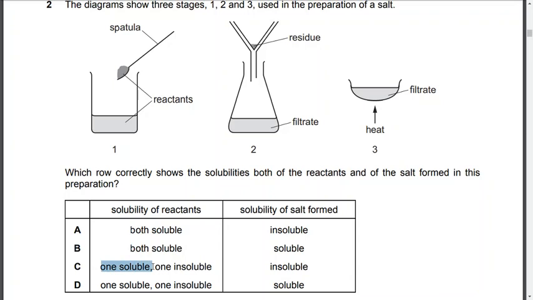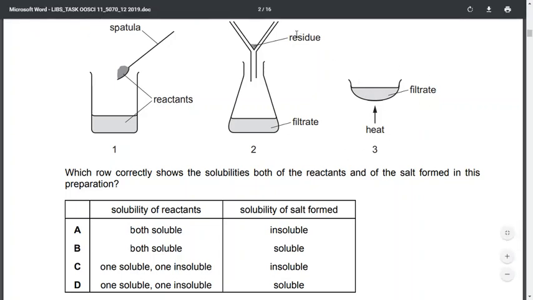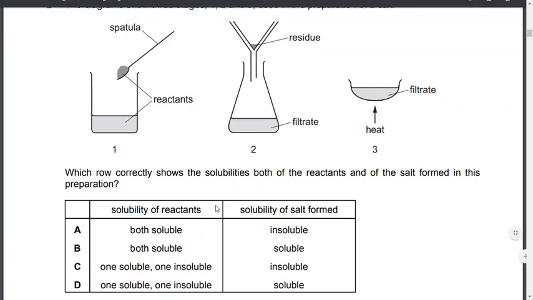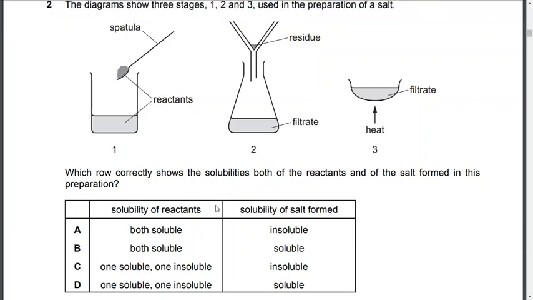Then C, one soluble and one insoluble. Yes, this is possible, because the soluble salt is formed here after the evaporation, and the residue is the insoluble salt. And the solubility of the salt formed, well, here it is written insoluble, but it is not insoluble, as I told you that a soluble salt is formed after the whole heating process and evaporation process.